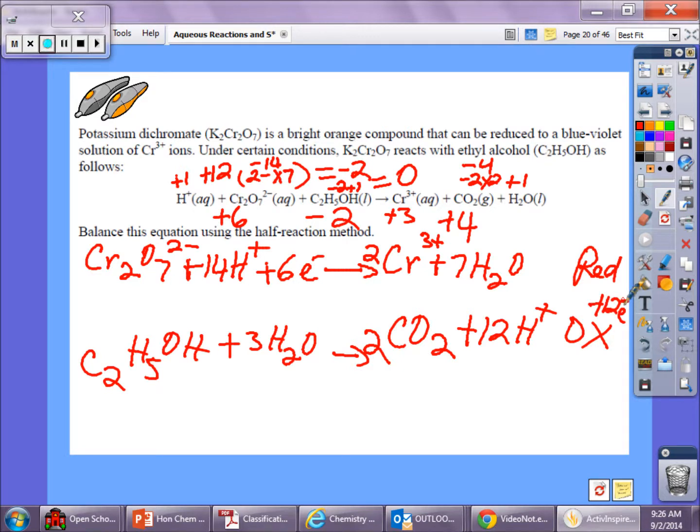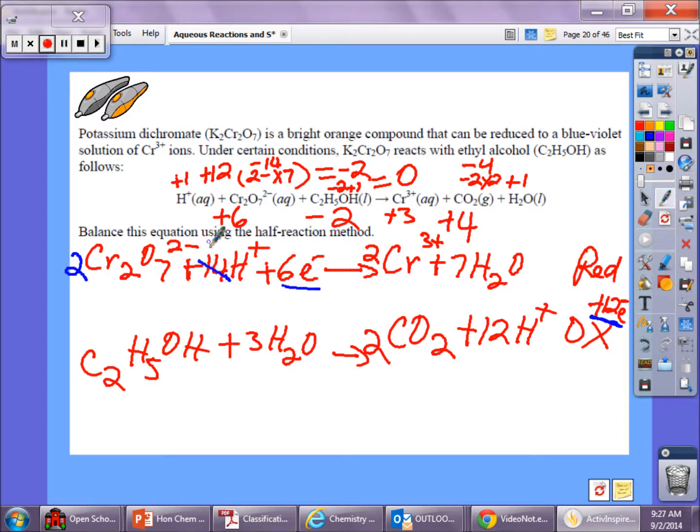The next step, I need the number of electrons gained to equal the number of electrons lost. Always. So what I'm going to do, I'm going to double the first equation by 2. So those 6 electrons will become 12. Because I have 12 electrons here. So I'm going to double the whole equation. Instead of spending the time rewriting, why don't I put a 2 here?